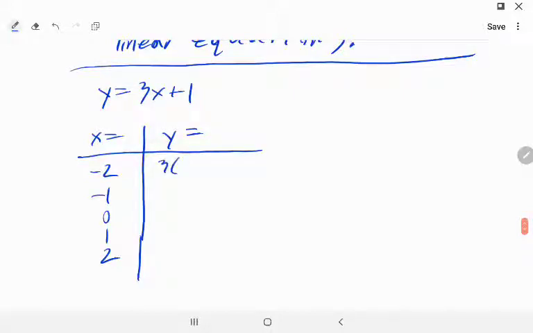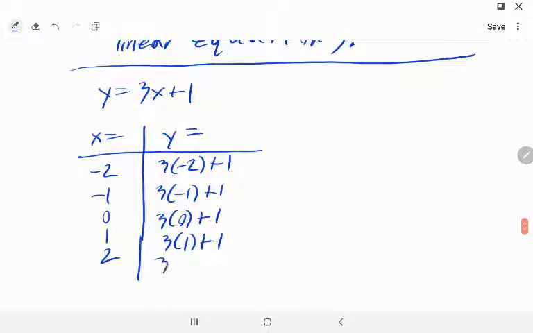We get 3 times negative 2 plus 1, 3 times negative 1 plus 1, 3 times 0 plus 1, 3 times 1 plus 1, 3 times 2 plus 1, and so our y values are negative 5, negative 2, 1, 4, and 7.